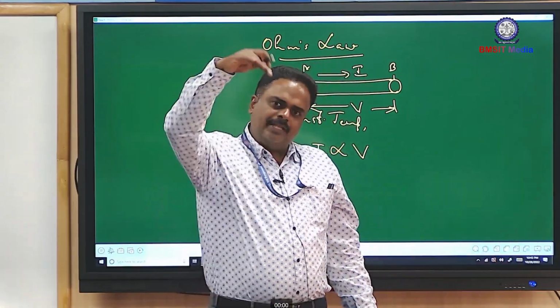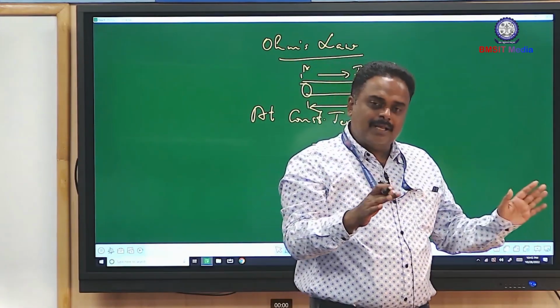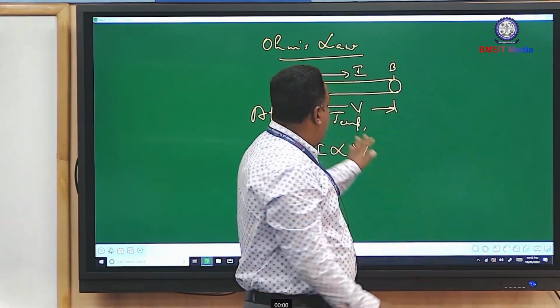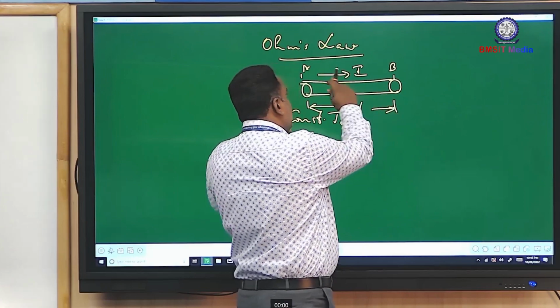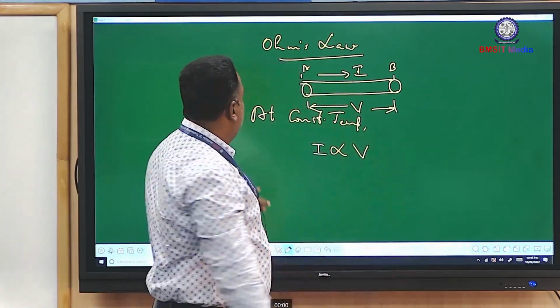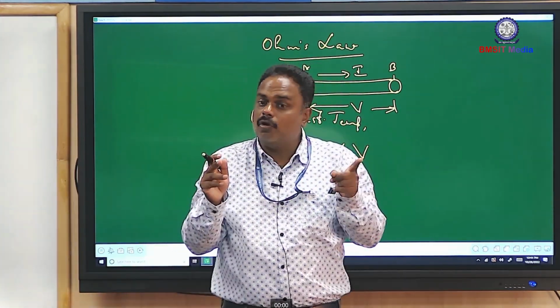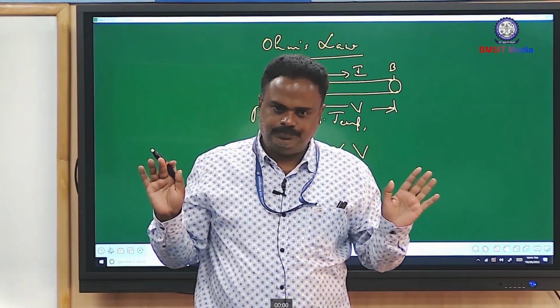Higher the height, higher the pressure. Similarly, higher the potential difference, more will be the current flowing through the conductor.